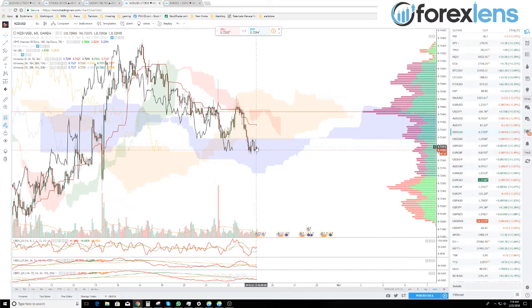I'll say this: when you're in the cloud, don't take a trade. The 8-hour is more of a reference for me. I will take trades inside the cloud on the 8-hour if we're below the 1 and the 4-hour cloud. All right. So this is a good short, or we want to short on a pullback to 73.11.